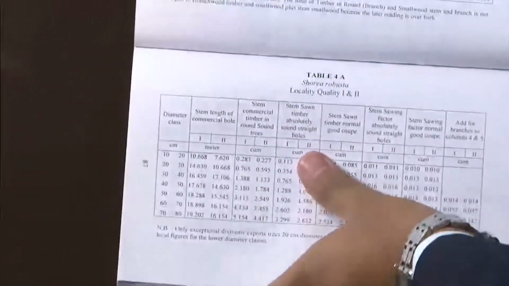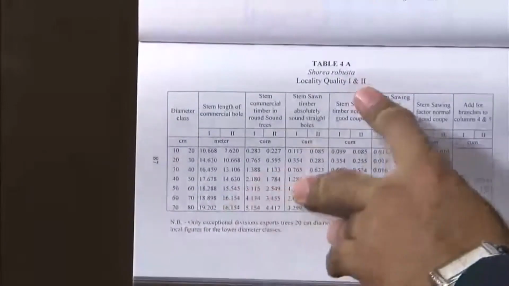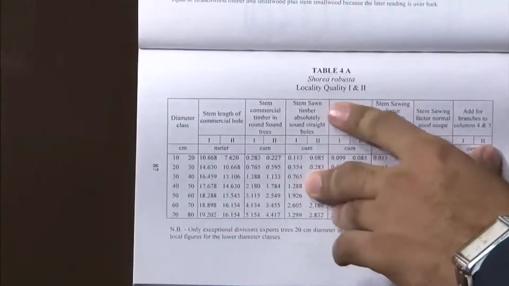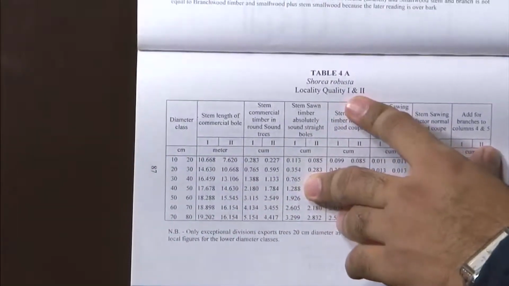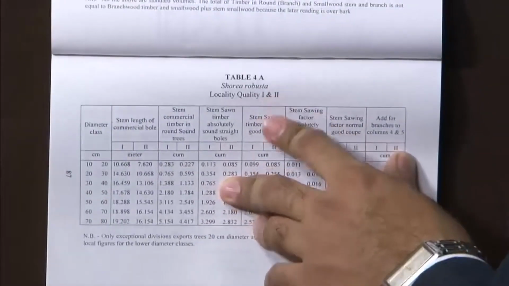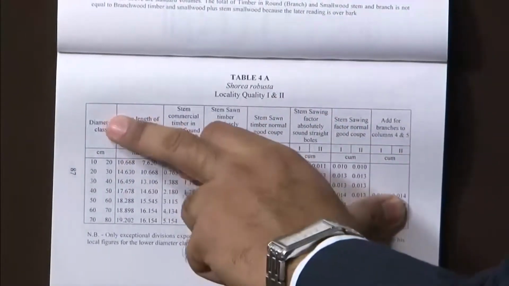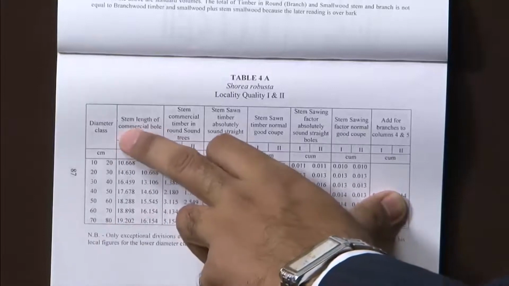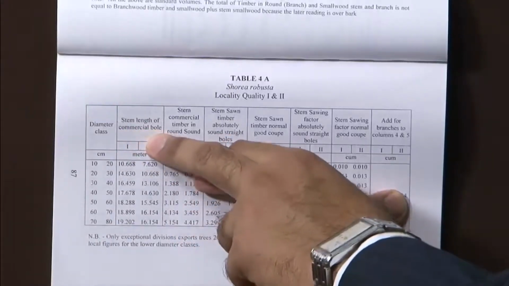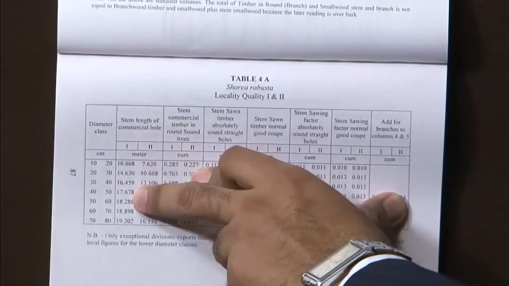You can also have another kind of table that gives you the values only for the locality or site quality 1 and 2. This one gives you, for a given diameter class, the stem length of the commercial bole.